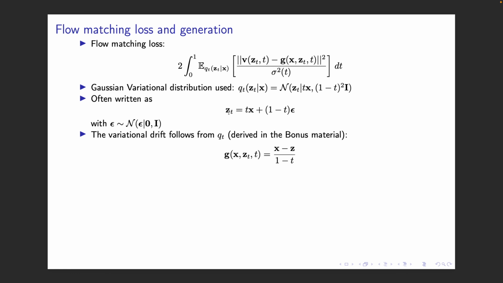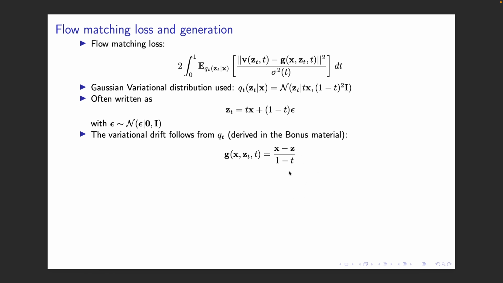So t equal to 1 will be equal to the data. And when we move away from the data, we weigh down the data and add more and more noise.